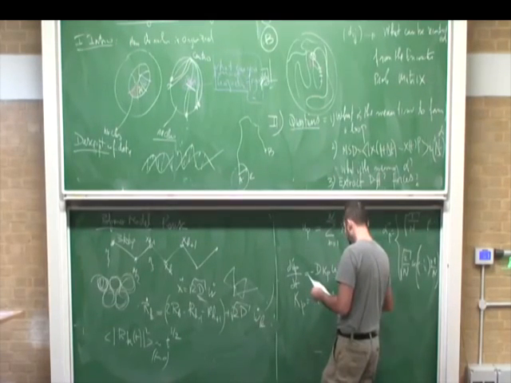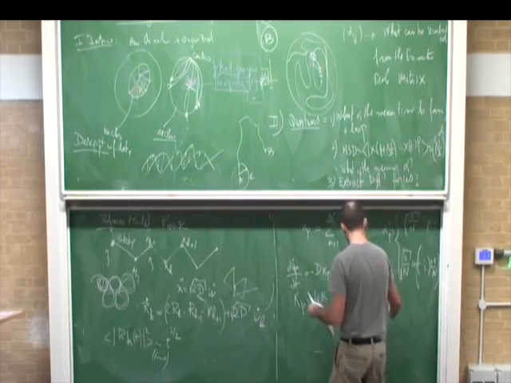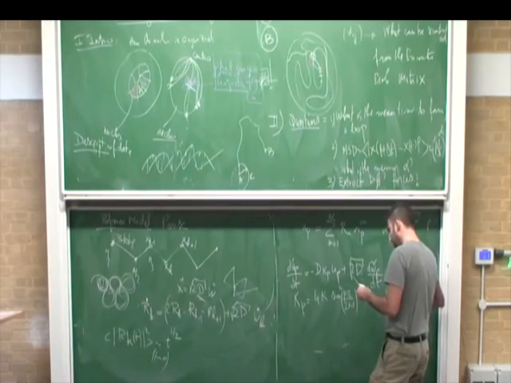The squared is important. This is true for p going from 1 to N minus 1.